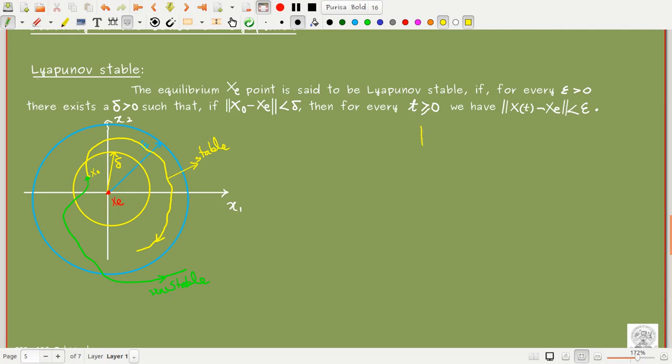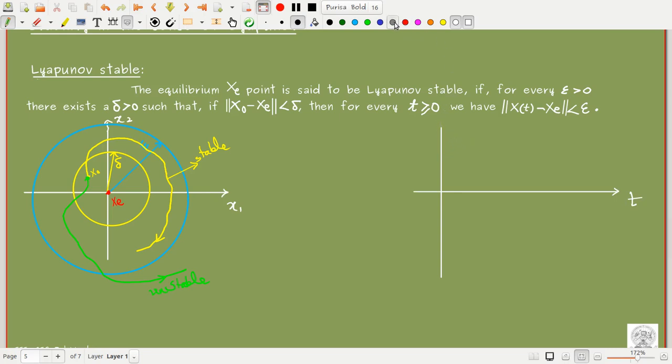For example, consider any second order system response. Say x1 is the position, and I am trying to plot the position of the system. I know different types of plots.